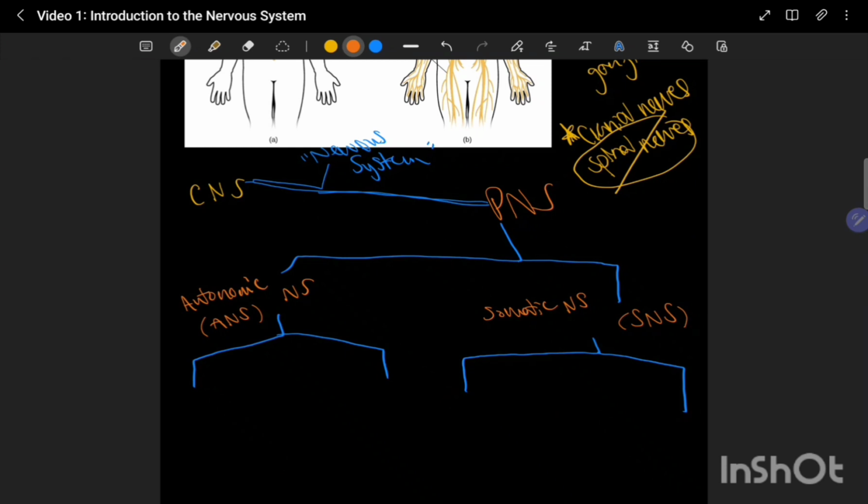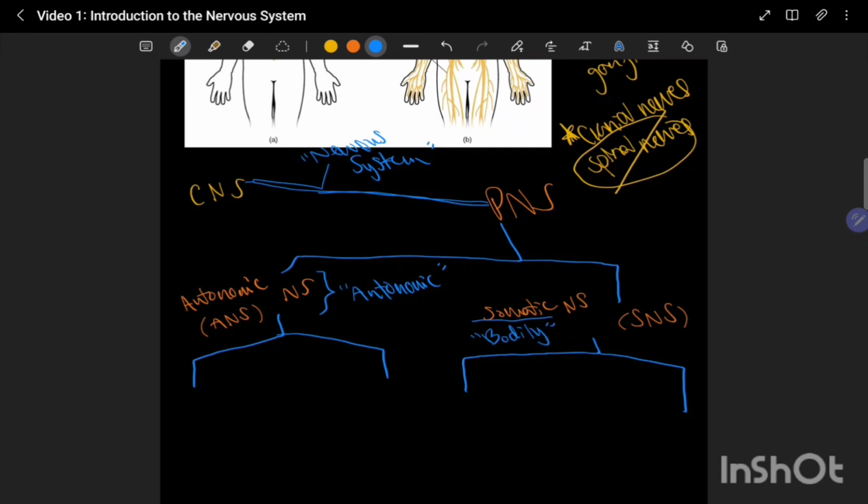So when you see the term autonomic, I want you to think automatic. So let's write that in blue. These are going to be things that we don't have conscious control over. Somatic, think bodily. So soma means body. We've seen this when we talked about the cell body of the neuron.